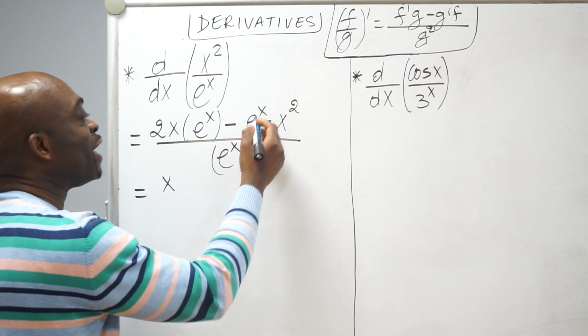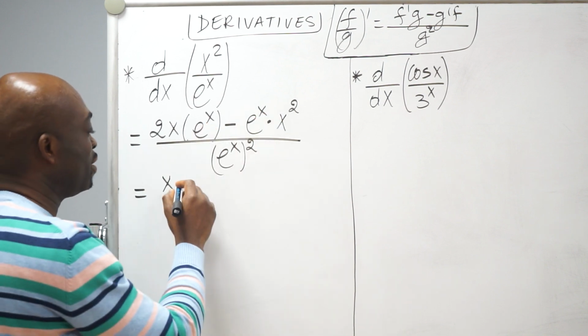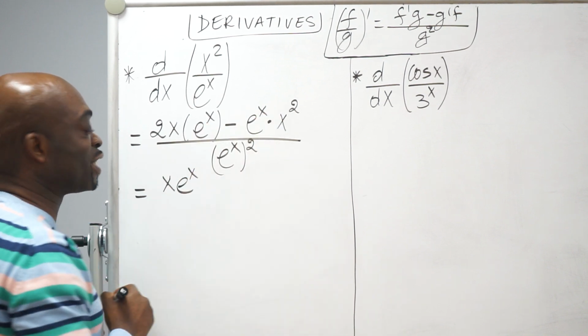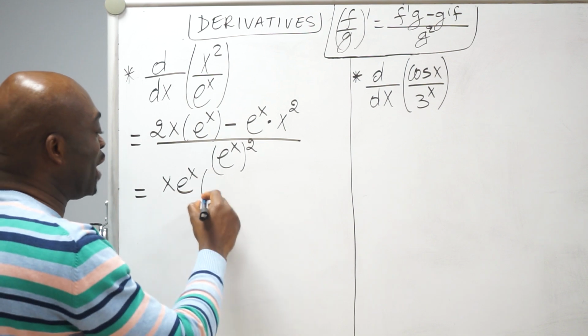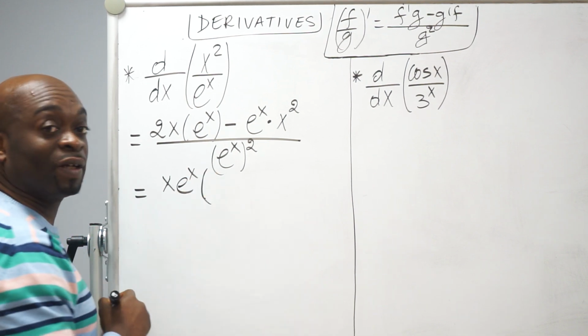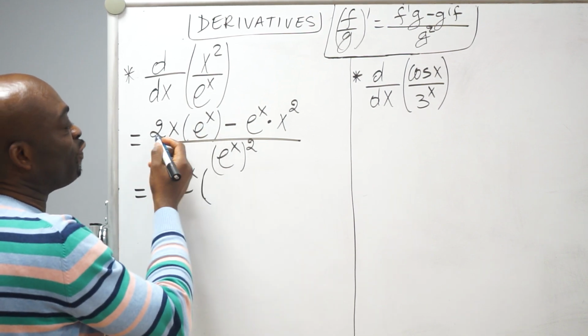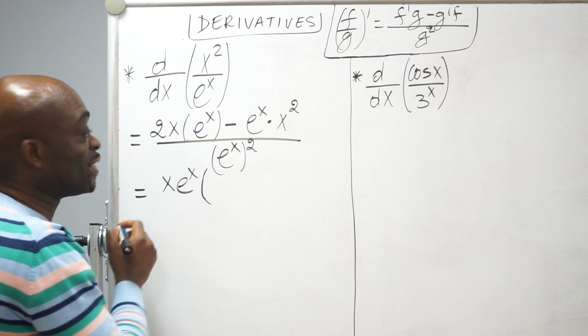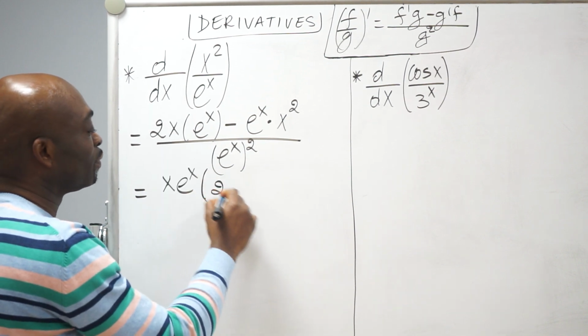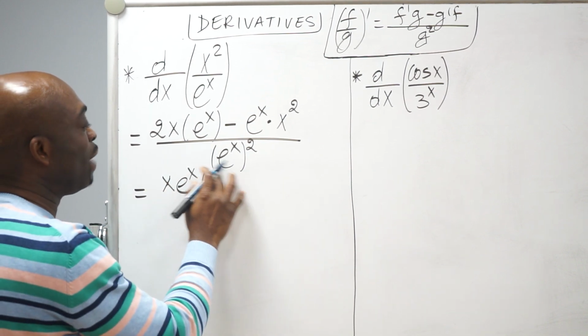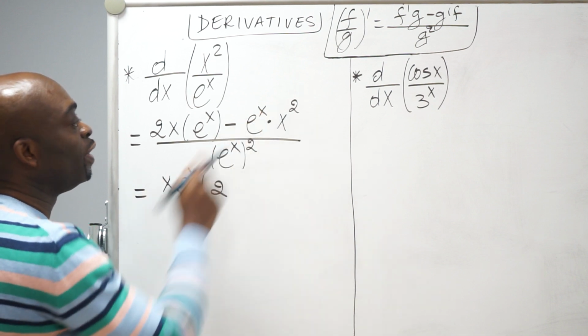Both of them are separated by a subtraction sign. Then we have exponential x here, so x exponential x is a common factor for those two. And what's left if you take x exponential x out? 2 is left for that one. And what's left for this one?